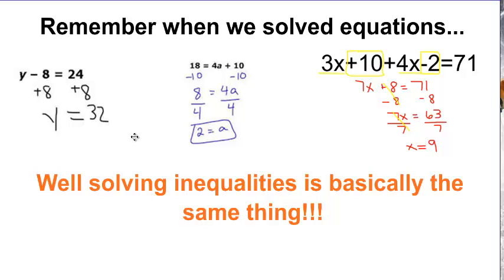We're going to go through the same process using the same inverse operations to solve each inequality. Meaning that addition undoes subtraction, multiplication undoes division, division undoes multiplication, and subtraction undoes addition. So make sure that you reflect back on those notes from when we originally solved equations, because that will help you greatly during this video.